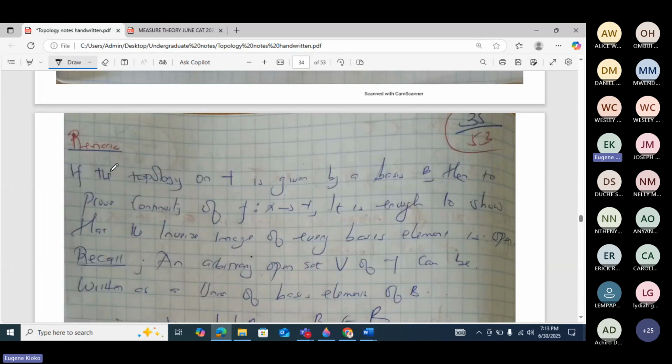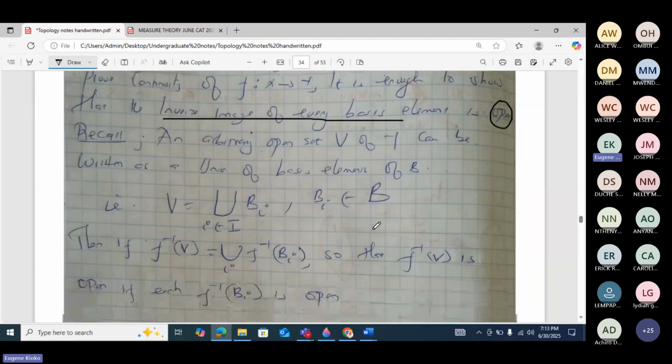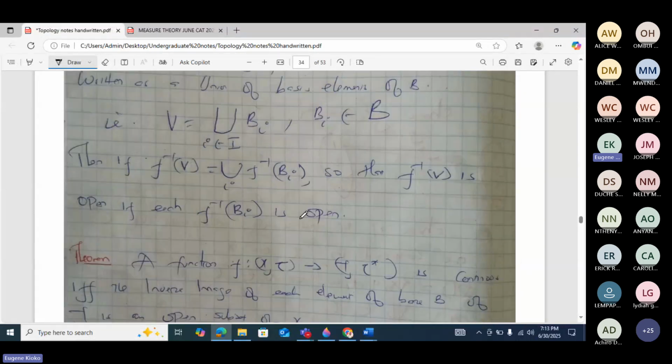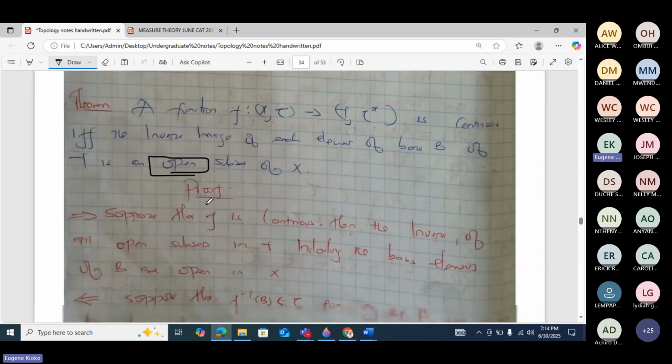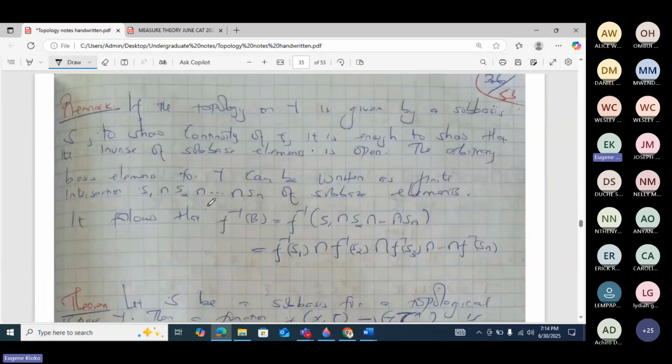And we have this remark here: if the topology on Y is given by a basis B, then to prove continuity, it is enough to show that the inverse image of every basis is open. That is, we will be able to see what we mean by showing that the inverse of a given basis is open. It is the same case which is being shown here. This is what we mean.